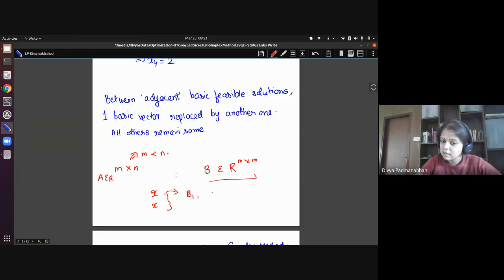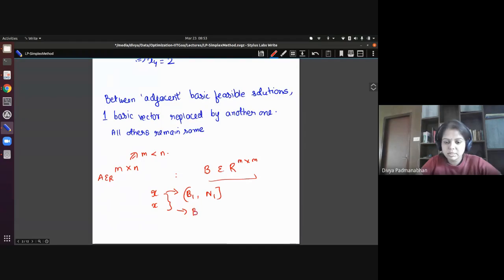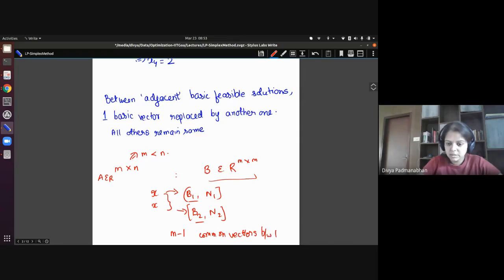So B1 and say N1, and here this will correspond to some B2 and N2. Now if you look at B1 and B2, there'll be some m minus 1 common vectors between B1 and B2, and only one will differ.